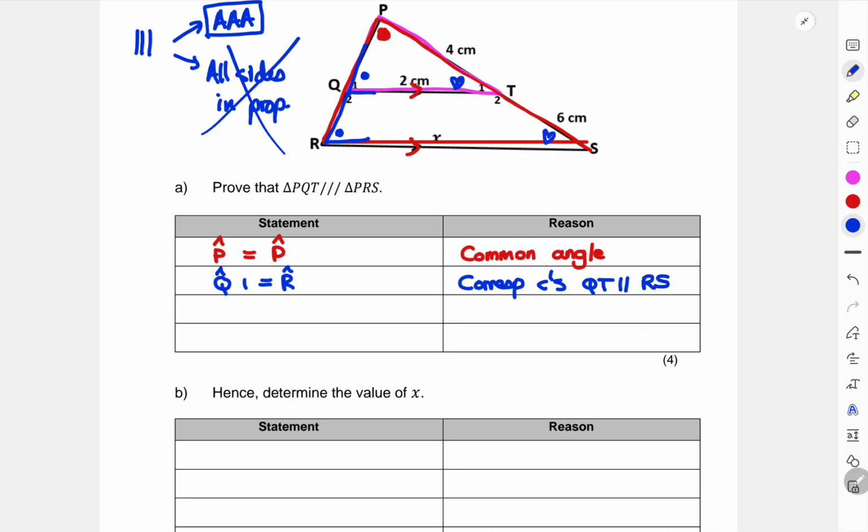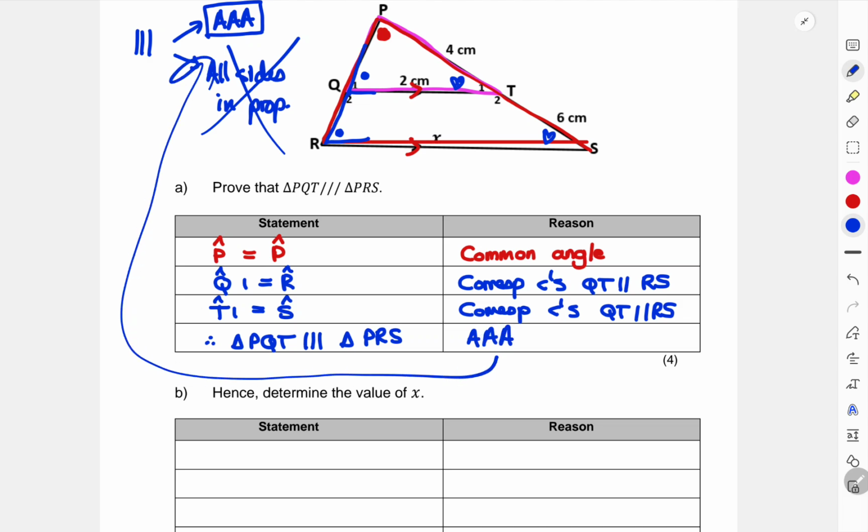That T1 will be equal to angle S also because of corresponding angles. QT parallel to RS. So thus, triangle PQT is similar to triangle PRS, and that is because of angle, angle, angle.